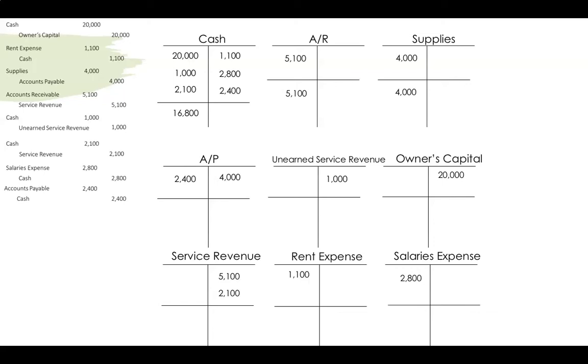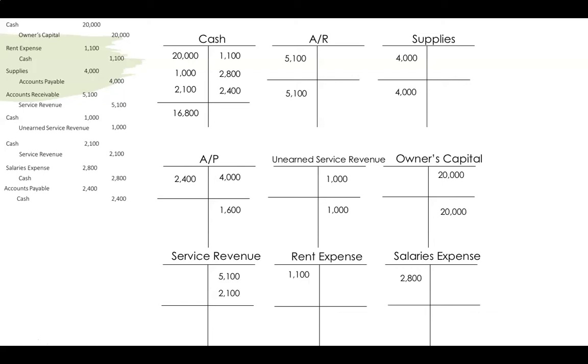Now we get to our accounts payable. Accounts payable is a liability, and liabilities increase with credits. So we have a credit of $4,000 and a debit of $2,400. So we'll subtract those two, and we'll put the balance of that $1,600 over on the credit side. Unearned service revenue and owner's capital just had a single entry for each of those accounts. Service revenue, we get to this one and we see that it just has 2 credits, right?